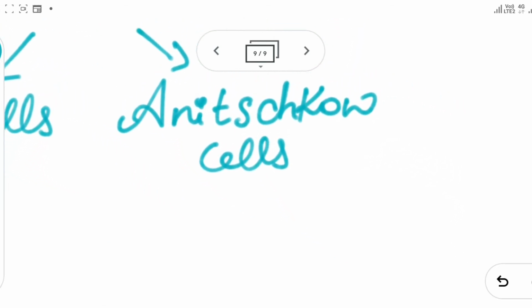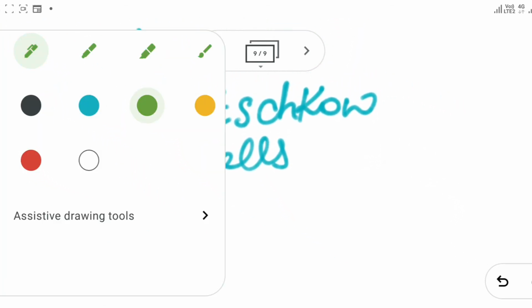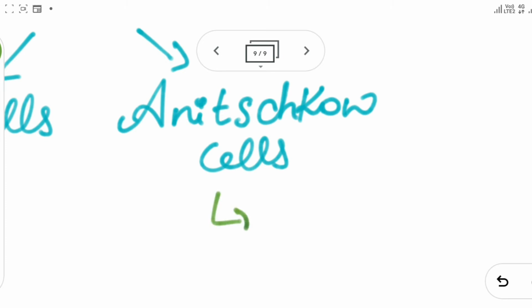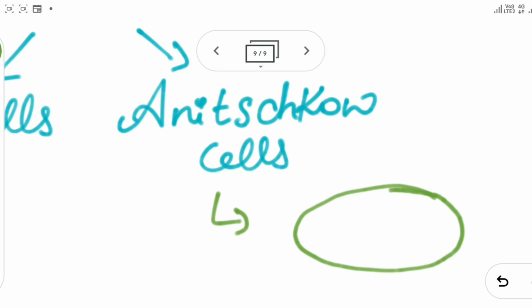These Anitschkow cells are enlarged macrophages which contain a caterpillar looking nucleus.